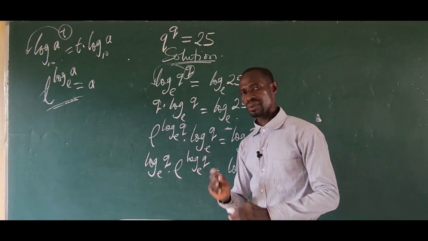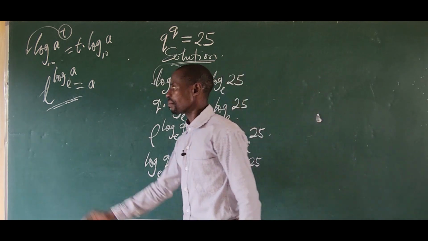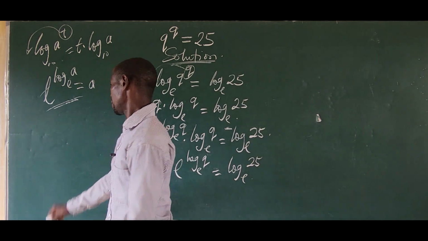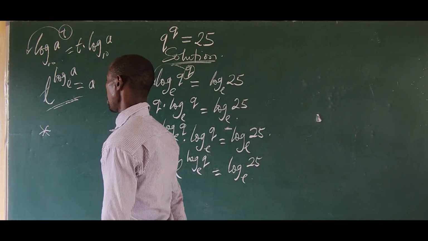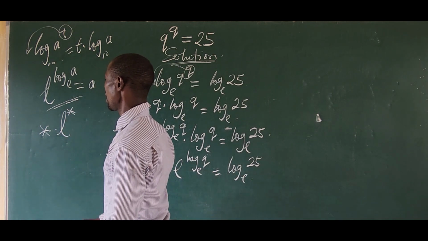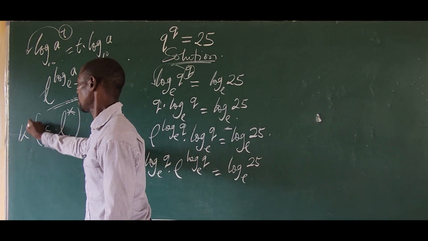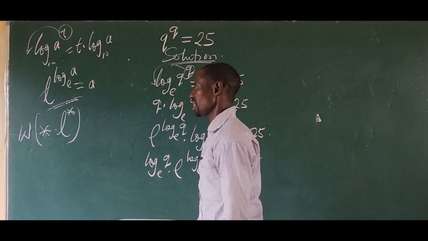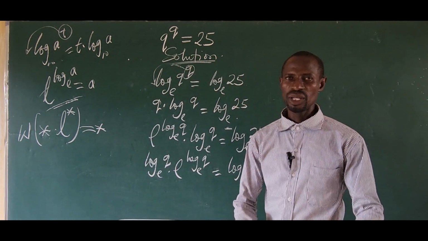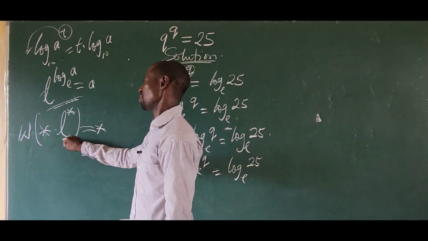And that is where the product log or the Lambert W can play out. What does it say? It says that if you have a star times e raised to the star, and you take the Lambert W function or the product log of this, it will give you the star. The only condition here is that these must be the same.